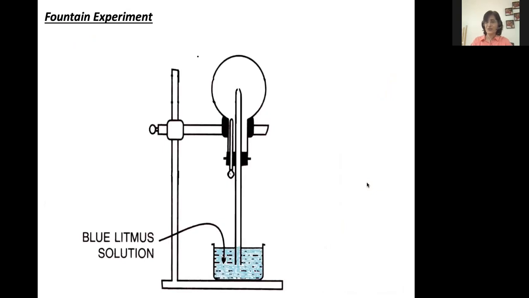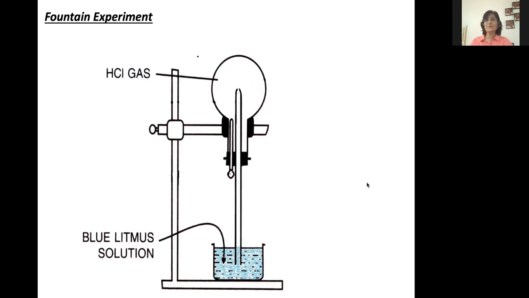You can see a trough below containing the blue litmus solution. And there is an inverted round bottom flask containing the HCl gas, freshly prepared HCl gas.